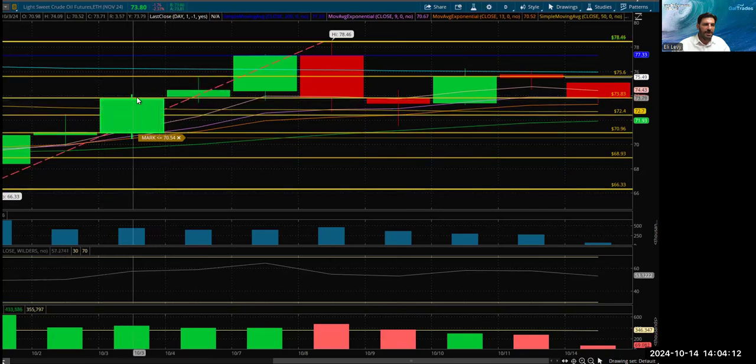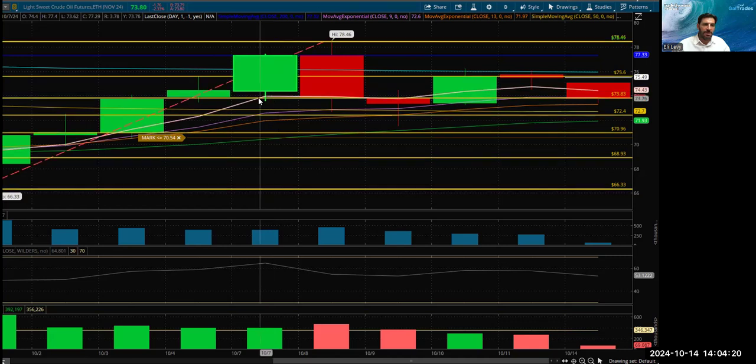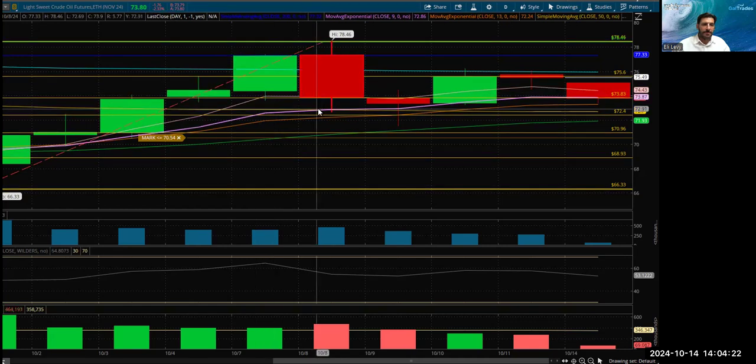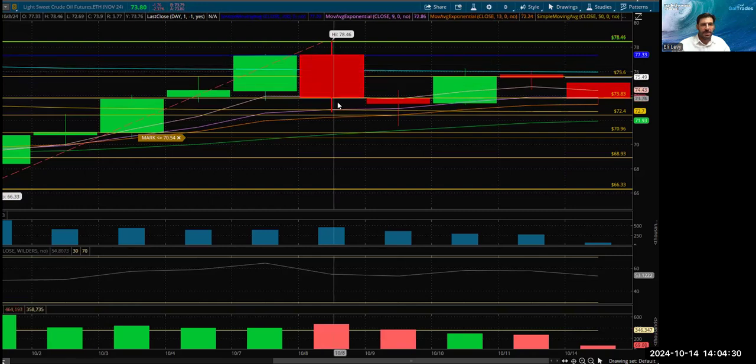So for instance, if we take a look, this number at 73.83 right around here is a very significant support line. As you can see, we had a couple of days ending and starting at those days. Even in this day, they fell below, but they closed above. They started the day below, they closed above. The next day, which was on the 8th, they also went below, but they closed exactly at that number.